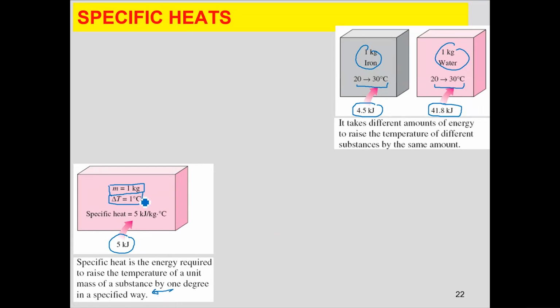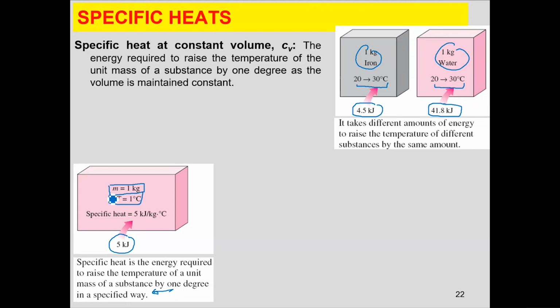So specific heat is the energy required to raise the temperature of a unit mass of a body by 1 degree in a specified manner. When I say in a specified manner, I refer to two different processes. One is the energy required to raise the temperature of a unit mass of a substance by 1 degree as the constant volume is maintained.